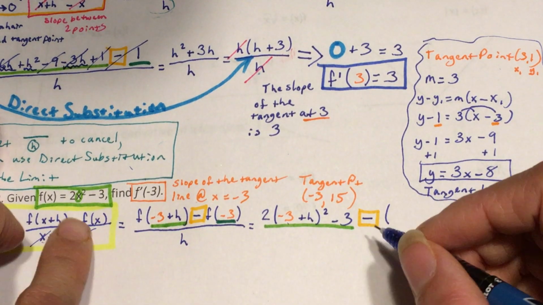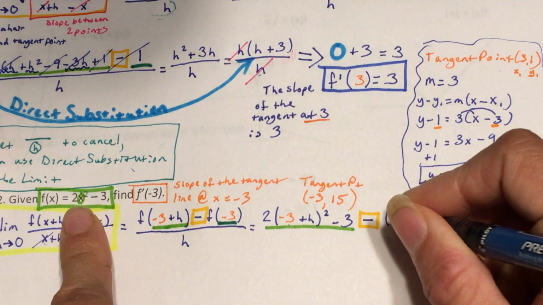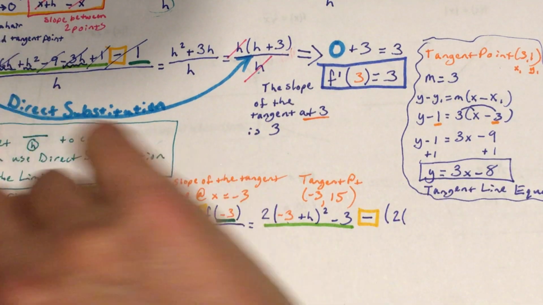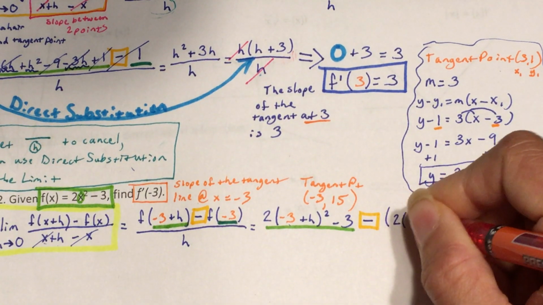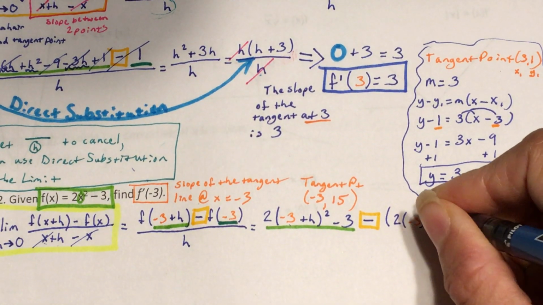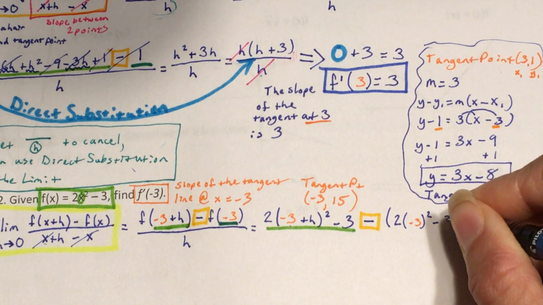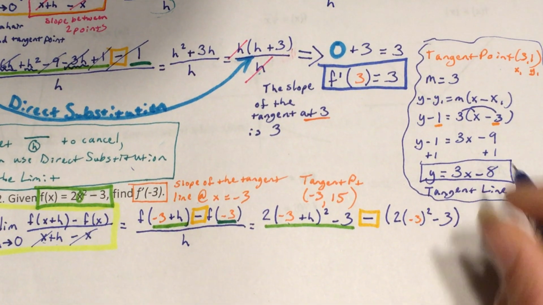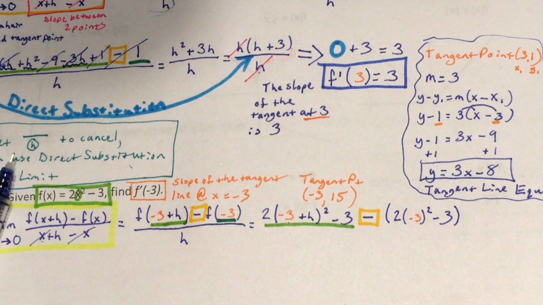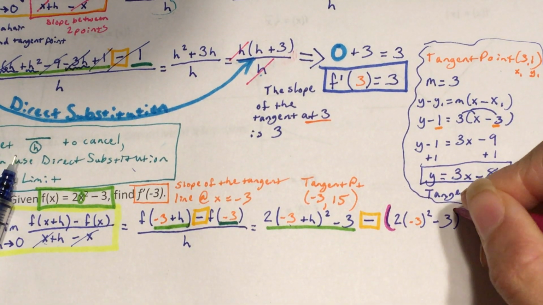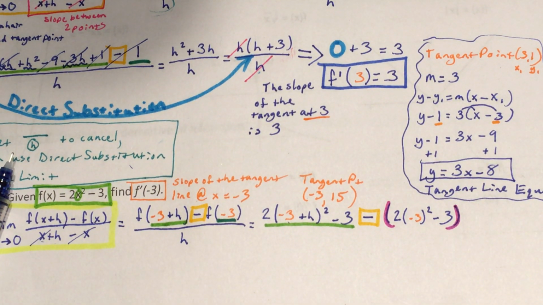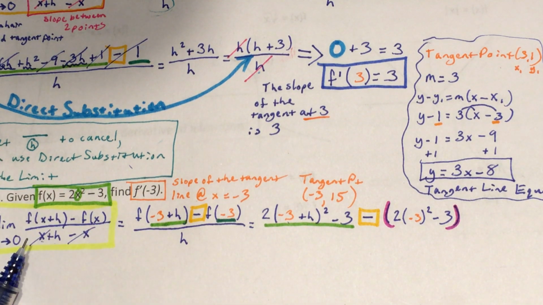So we're subtracting this entire expression. So 2 times negative 3 squared minus 3. All right. And that's what happens when we plug negative 3 into our function.